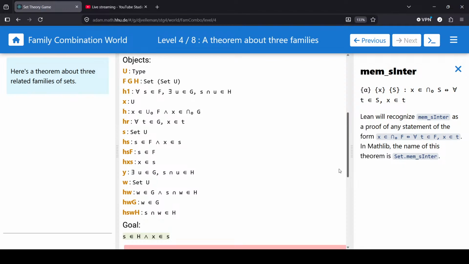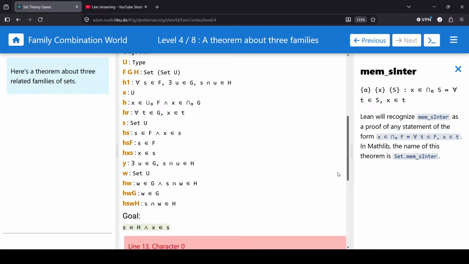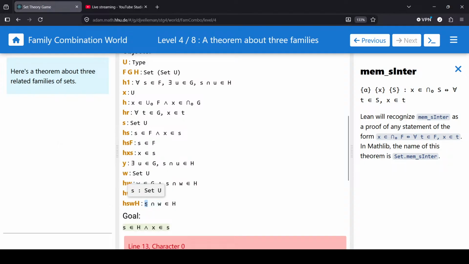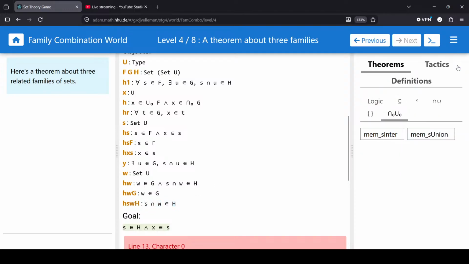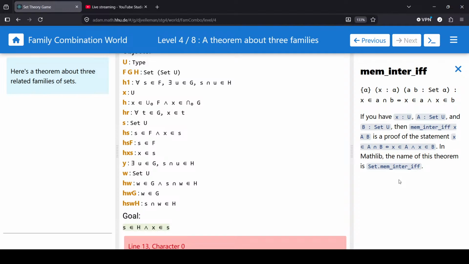Oh, but we have to prove that S is an H, and that X is an S. Oh, I can prove X is an S. Well, I can prove S is an H. If S intersect W is an H, then S should also be an H. At least that makes sense to me.